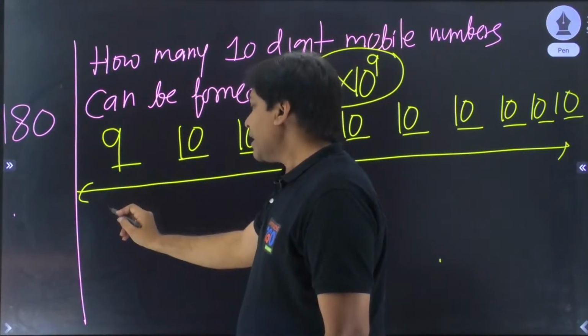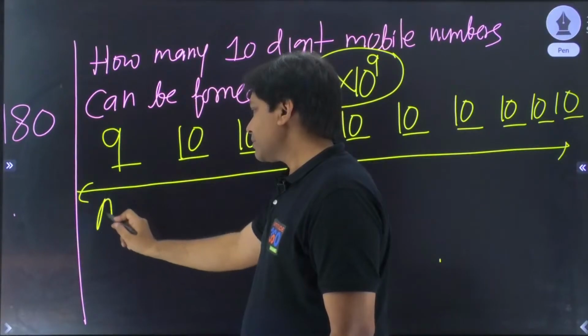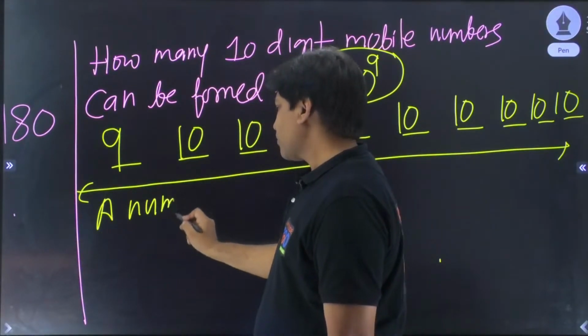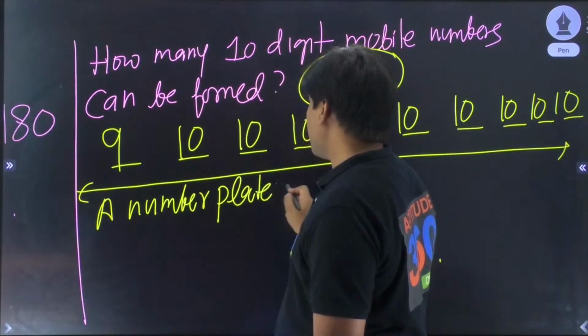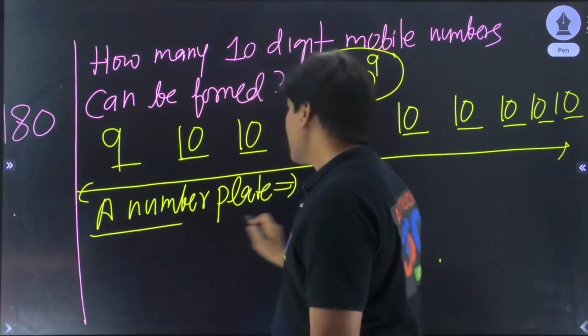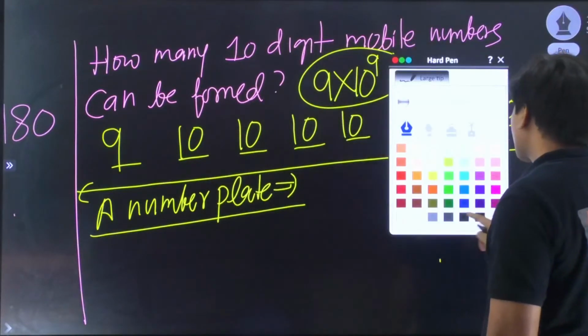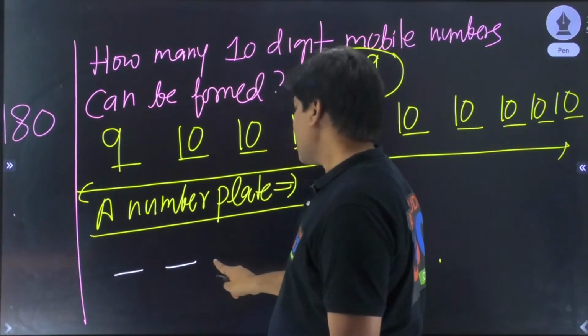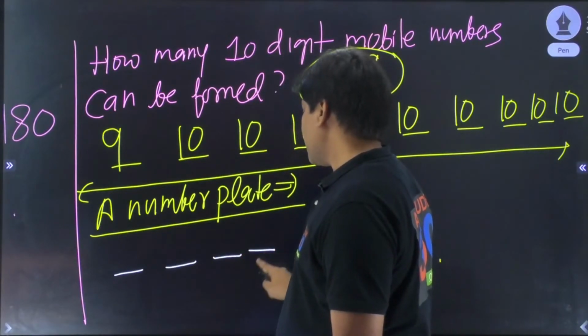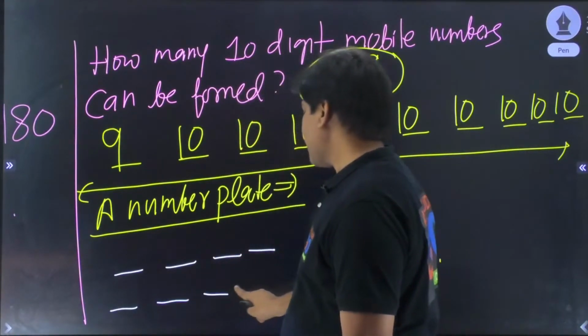Now, I have got to make a number plate, something like this. Number plate for vehicles, right? So what am I trying to do out here? I have got 1, 2, and then 3, 4, 5, 6, 7, 8.